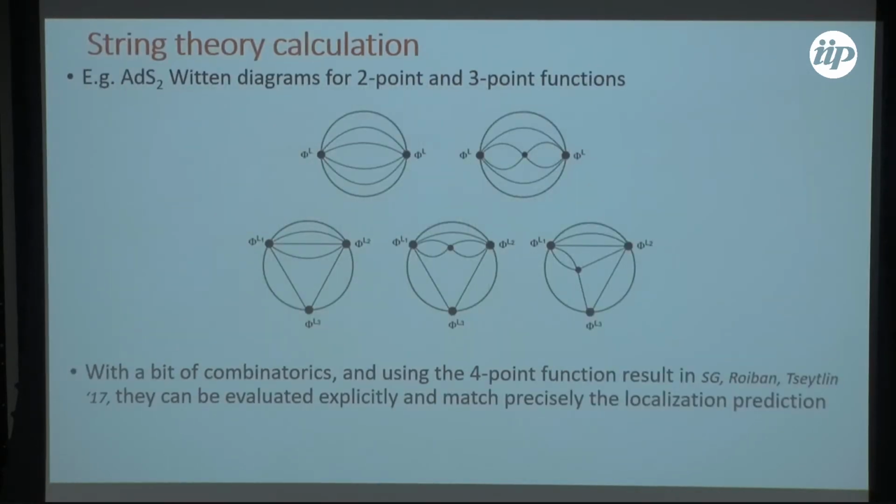So diagrammatically, these are the kind of calculations you can do with the AdS2 worldsheet theory, where now instead of a single scalar insertion, we have some composite insertion at the boundary. So this will be the case of L equal 4. This will be the leading term in the 4-point function, which is just generalized free fields in AdS2, and this is the correction using the 4-point vertex. And this is for 3-point functions. Okay, so you can do these calculations and verify that they exactly match localization.